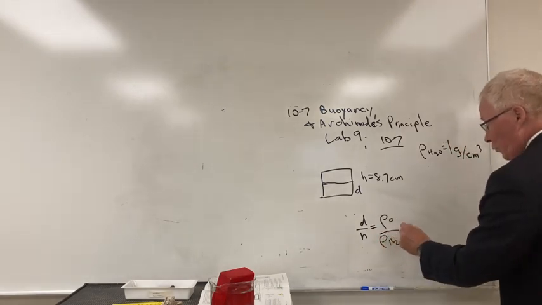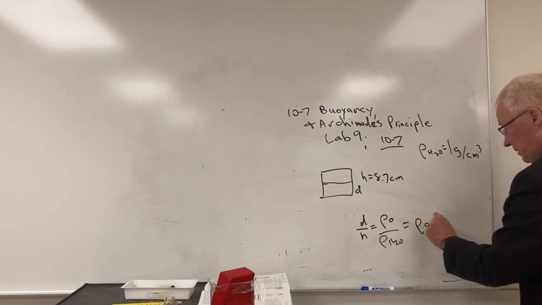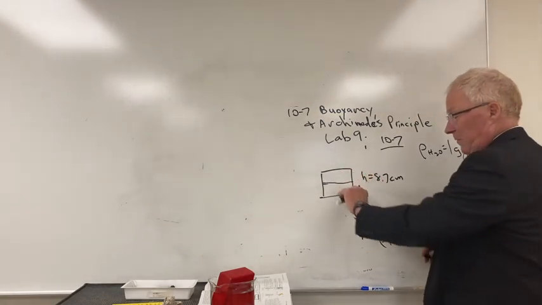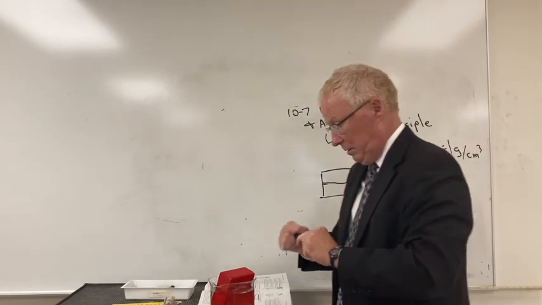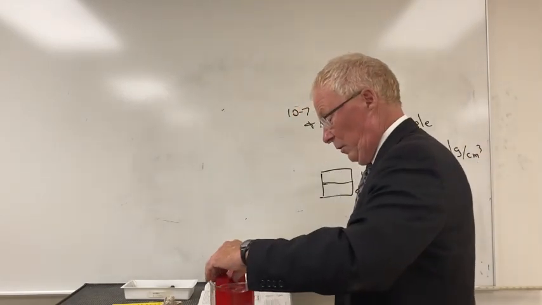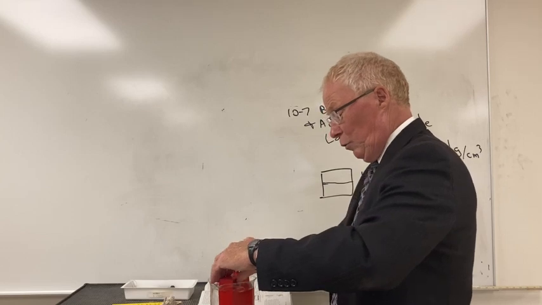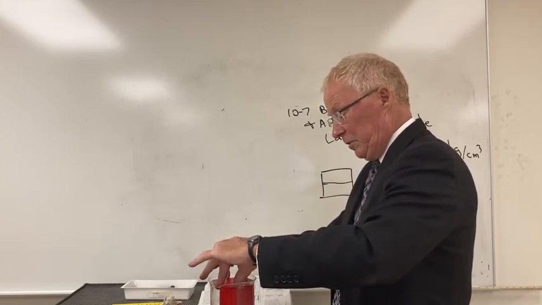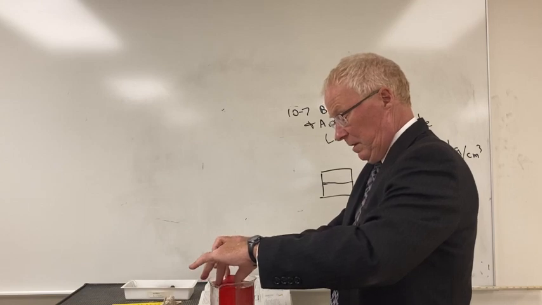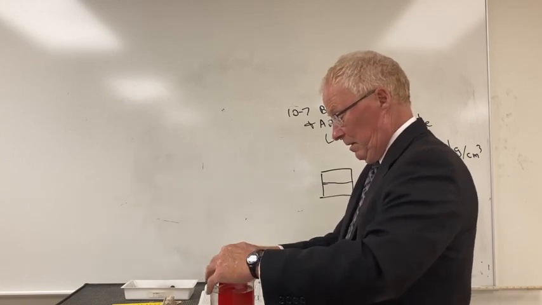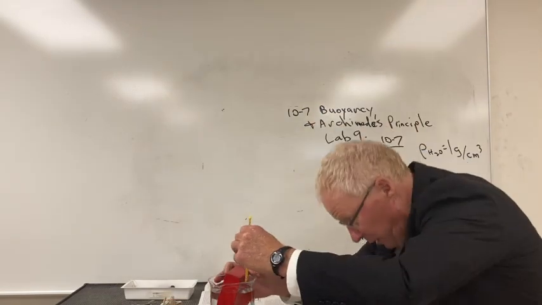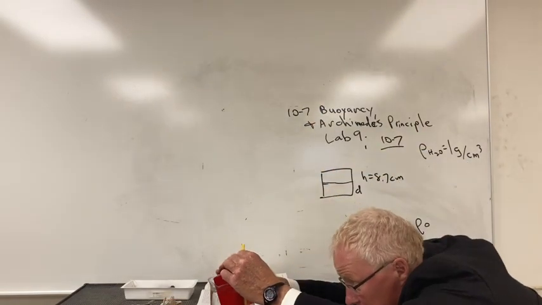And since this is 1, this will be the density of the object. So it'll be the depth of how much is submerged. If this had the density of water, it would float right at the surface. But in this case, only this much is submerged, so we're going to measure how much is down below the surface.